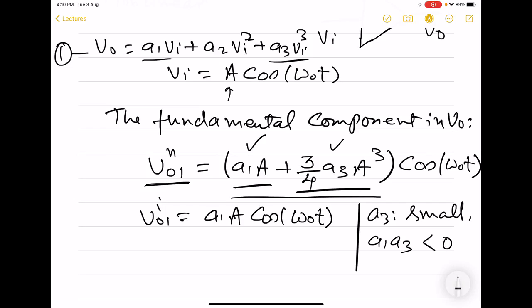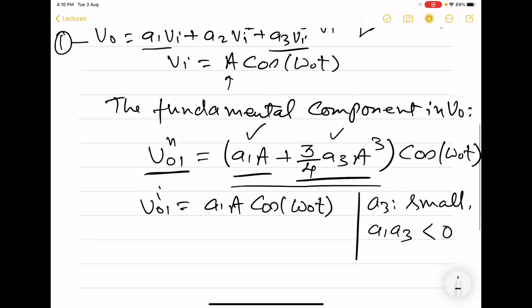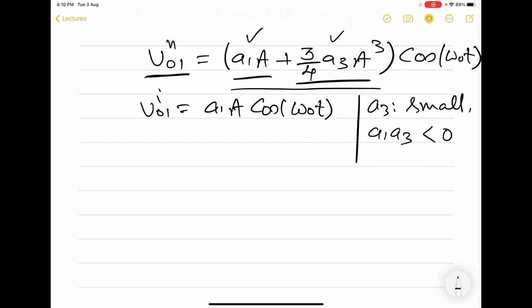So we will try to characterize this nonlinear amplifier for the gain reduction, and then we will try to find out what is that input for which the output power is less than the input power by 1 dB.